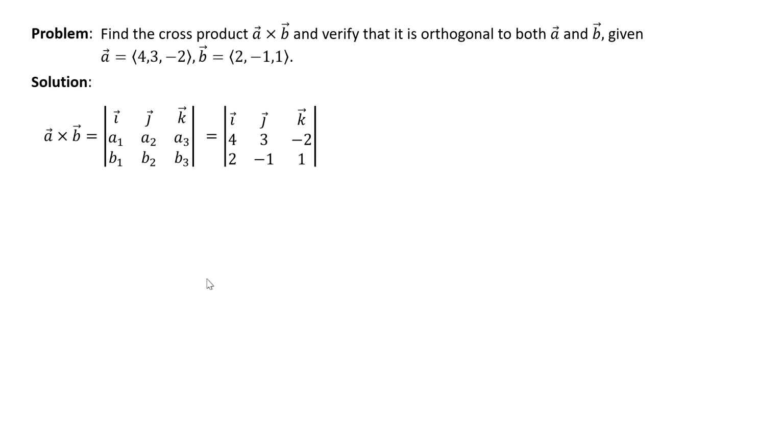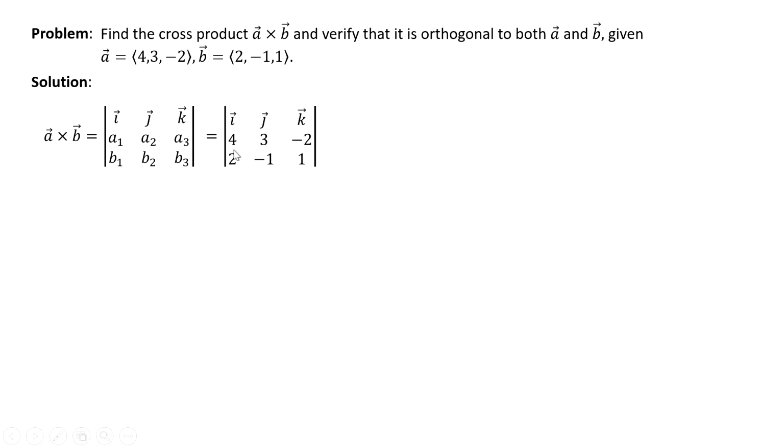For the benefit of those who may have forgotten how to do this 3 by 3 determinant, what's the idea? You can expand about anything, and in this case, let's expand about the first row. This has 3 rows and 3 columns.